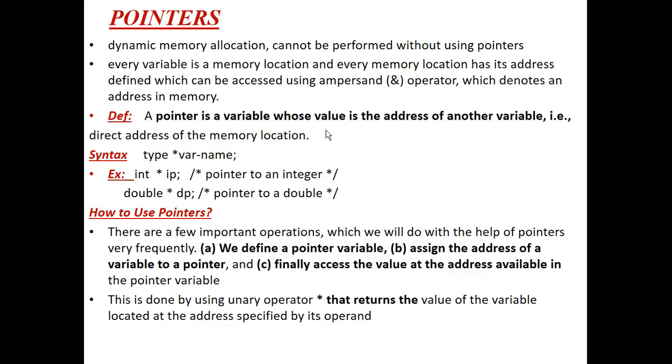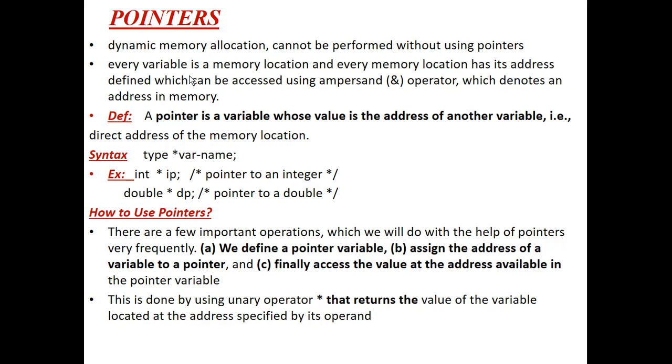Any variable, as soon as you declare it and specify it in your program, takes some memory in a memory location. That memory is allocated in two ways: one way is static memory allocation, another way is dynamic memory allocation.